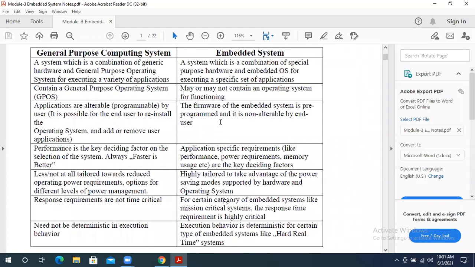If you have any issues in this, then please let me know. Then we'll go for the classifications. Any doubts in this comparison or the differences between the normal computer system and the embedded system? Please, anyone reply to this?